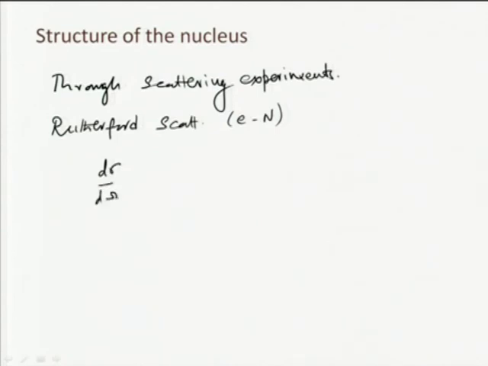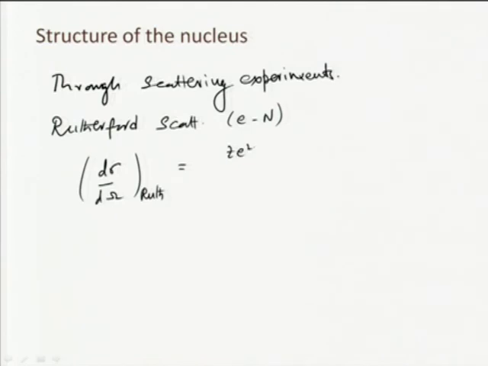So, we define what is called the scattering cross section. Let me call in this particular case the Rutherford scattering cross section d sigma over d omega, which is related to the number of particles that you will observe at an angle theta in a solid angle d omega.